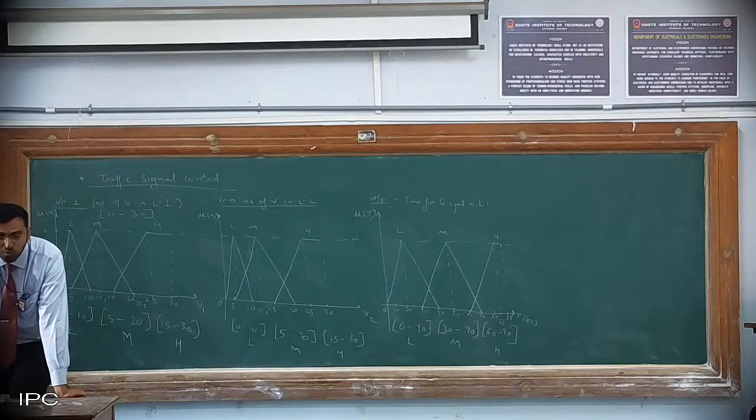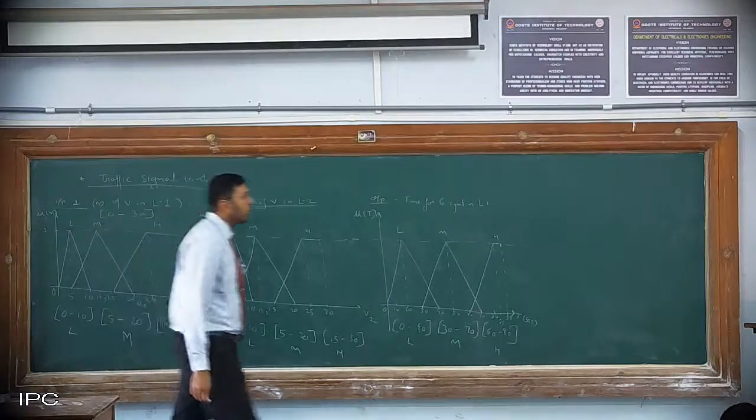Fine. Now what we have done is the fuzzification process. What is the next process? Rule base. Now this is the most important thing. You have to decide your rules. Okay. So rule base.